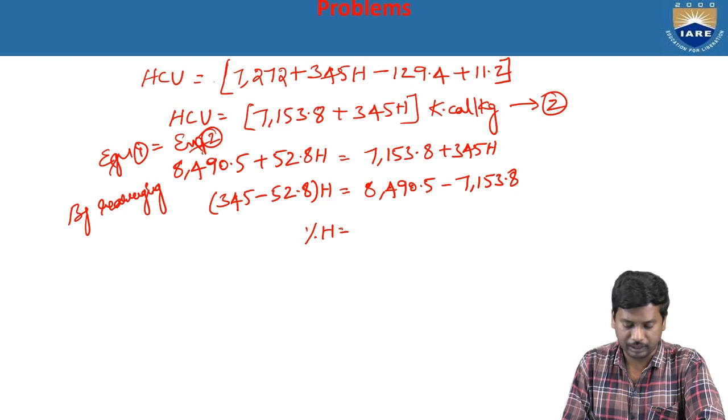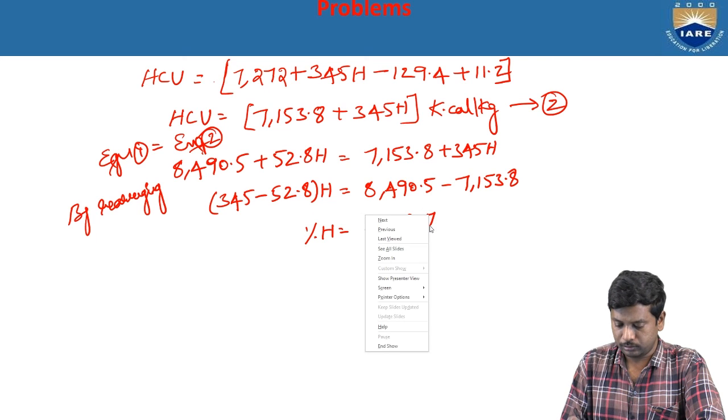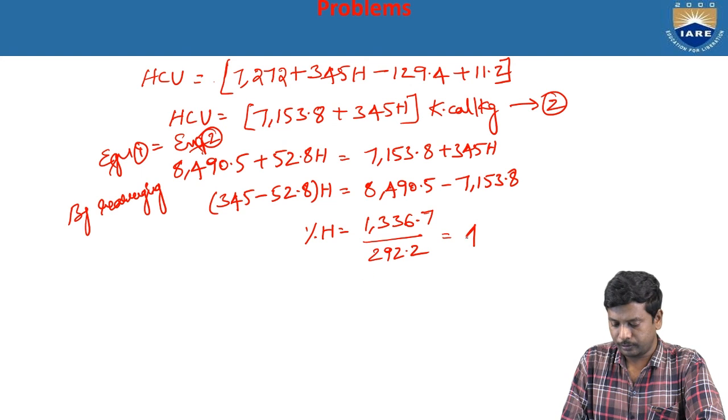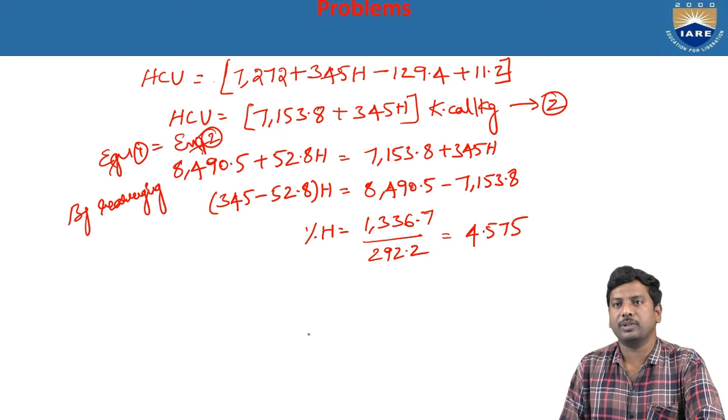We got the value nearly 1336.7 by 292.2. So we get the value 4.575. So this is the value of the percentage of the hydrogen.